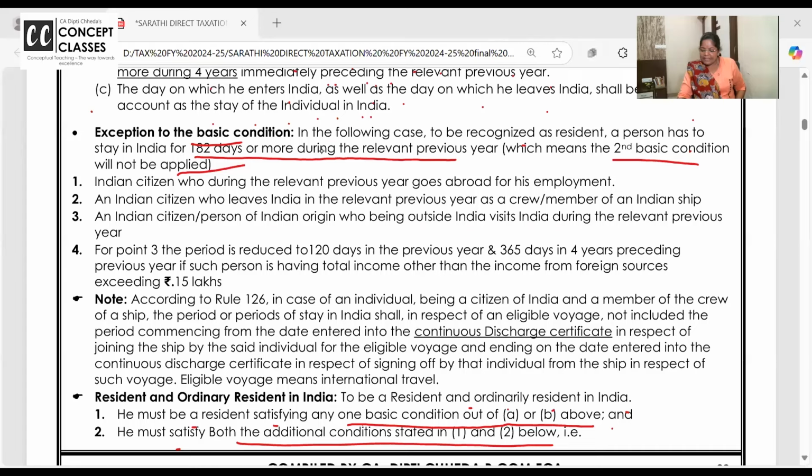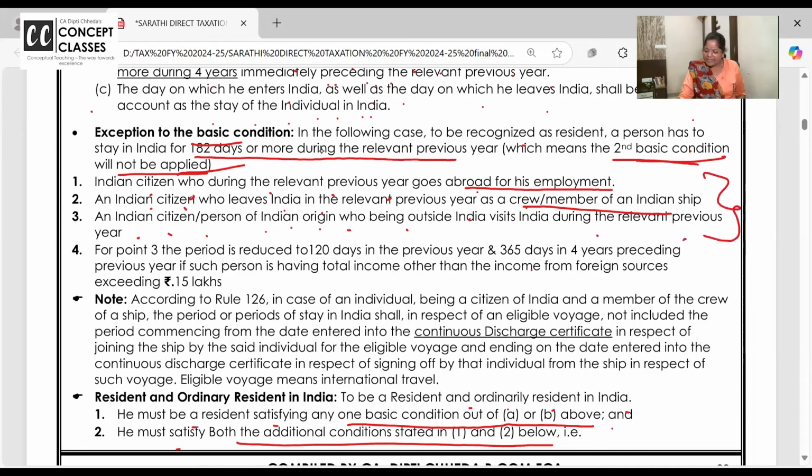So now read it, apply it, and solve it. This was just an oral glance I have given. Now read. Second basic condition is not applicable. Underline this. For an Indian citizen during the relevant previous year who goes abroad for employment. An Indian citizen who leaves India in the relevant previous year as a member of the crew of a ship. An Indian citizen or person of Indian origin who, being outside India, visits India during the relevant previous year.